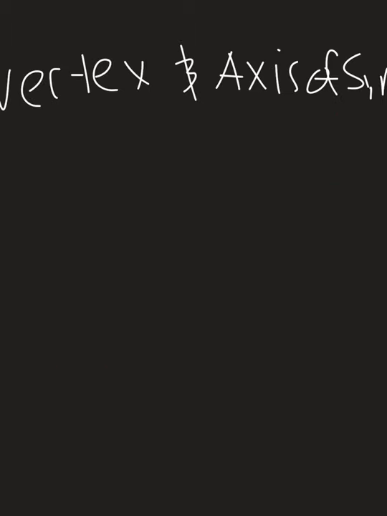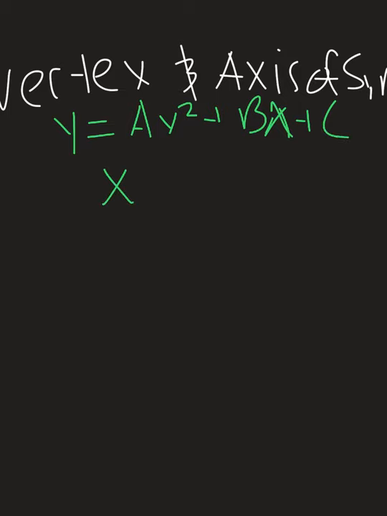So let's talk about vertex. One method to finding the vertex, if we still have our standard form, is we can say the x-coordinate of the vertex is going to equal negative b over 2a, where we're talking about this b and this a. Now, I could go into the y behind it. It will require some calculus.